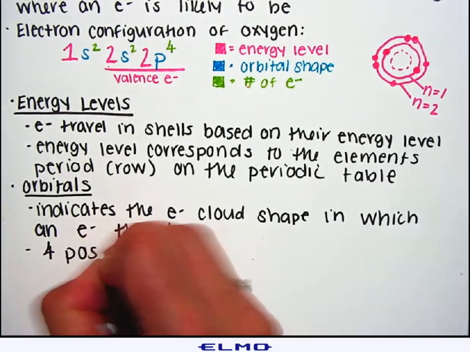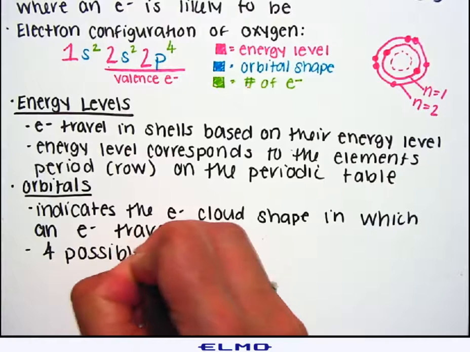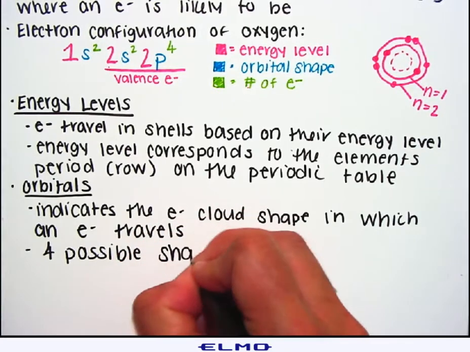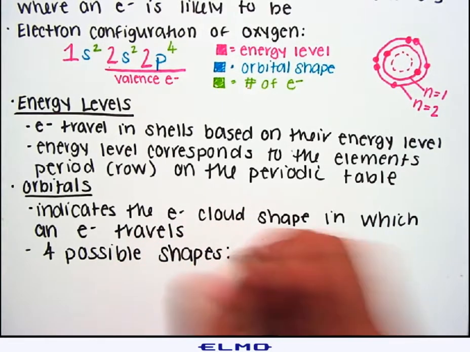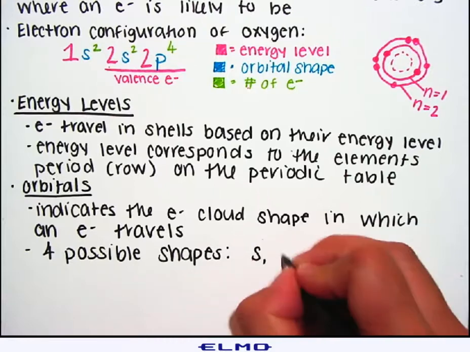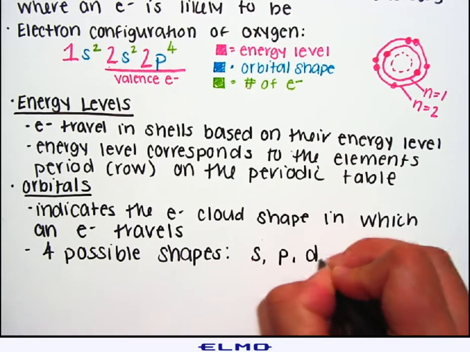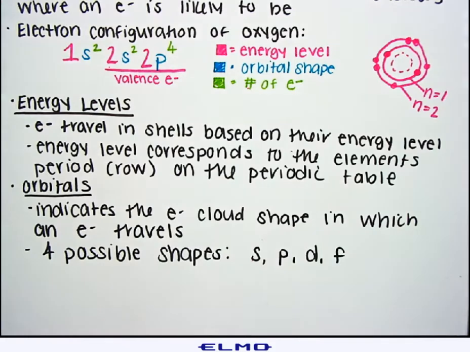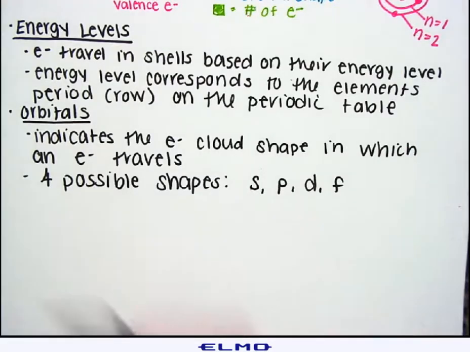There are 4 possible shapes, and the letters that we use to represent those shapes are S, P, D, and F. S would be the lowest energy, F would be the greatest.